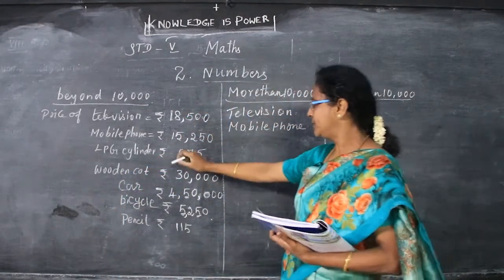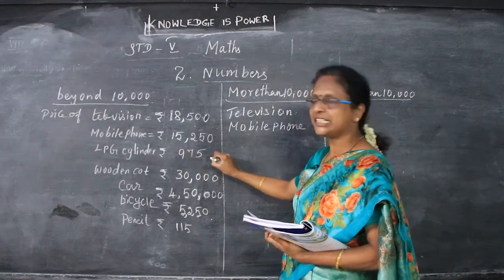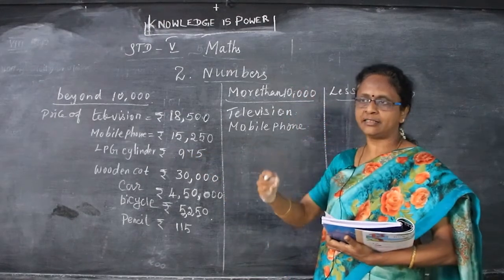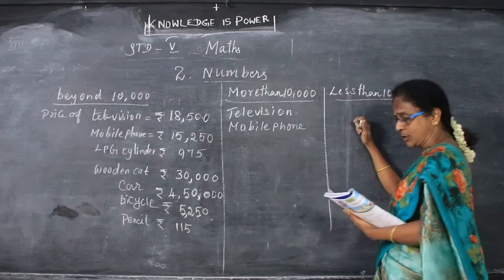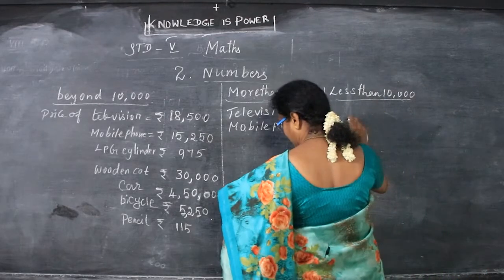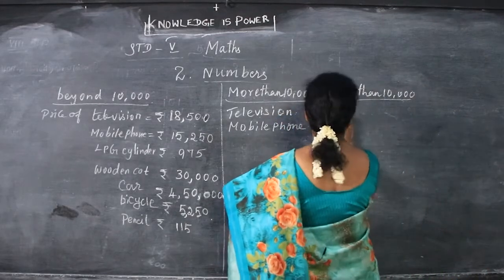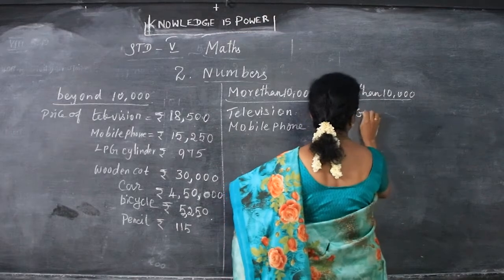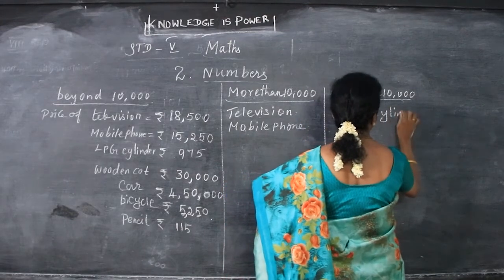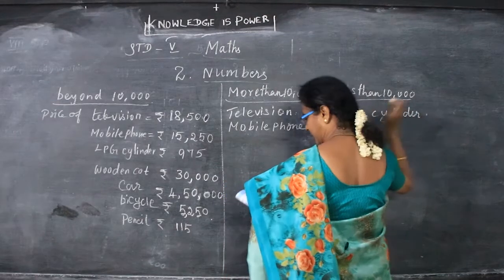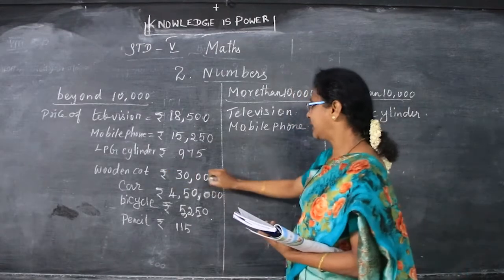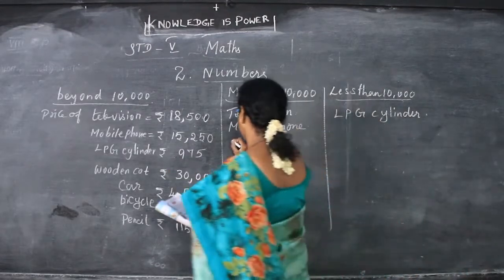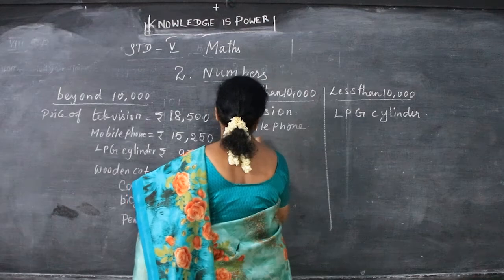And then the LPG cylinder is rupees 975. So this is 900, which is less than 1,000. So that is less than 10,000. LPG cylinder. Okay. Then the next one is the wooden cot, 30,000. So this is more than 10,000. So here is the wooden cot.